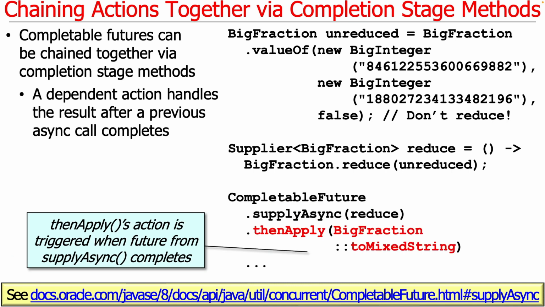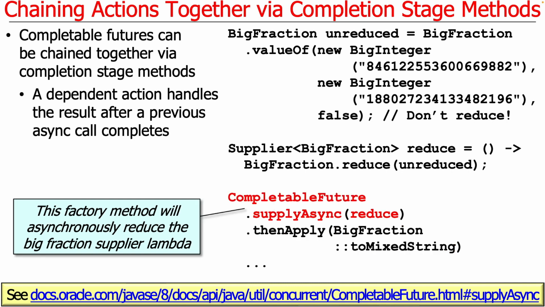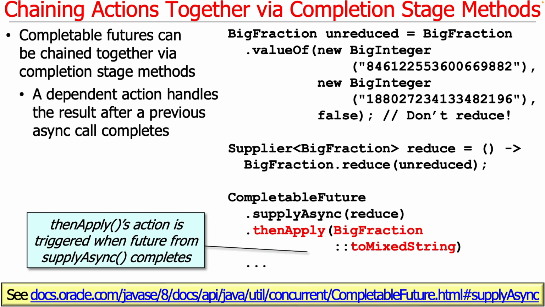And then in this simple example, we're going to chain the thenApply completion stage method such that this method will be called when the call here to supplyAsync completes. When we finish reducing that big fraction that we passed in as a parameter, then this operation will be applied.